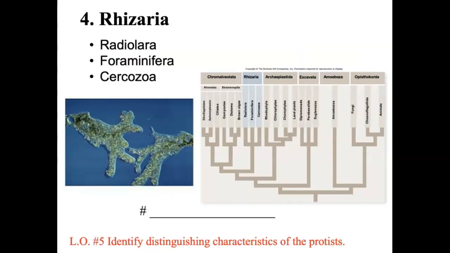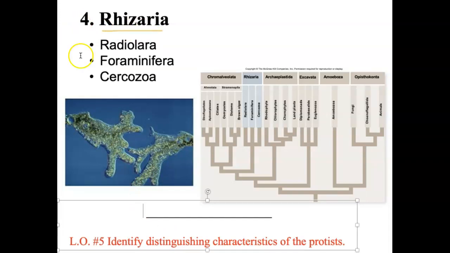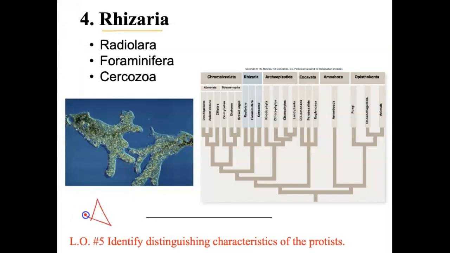Okay, so let's check this out. Again, here's the supergroup Rhizaria, and let me get rid of the hashtag and replace that with the red star. I want you guys to figure out and remember what is the key feature for an organism to be classified under supergroup Rhizaria?